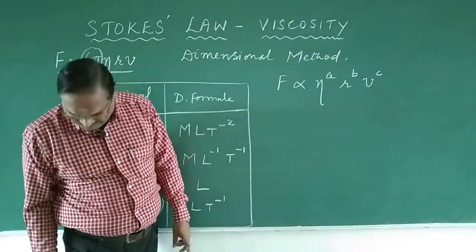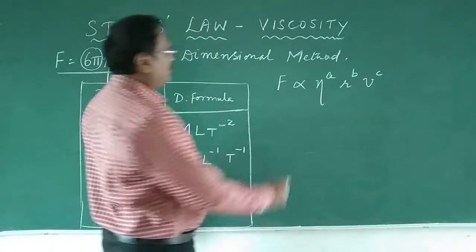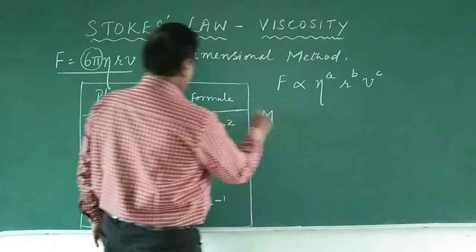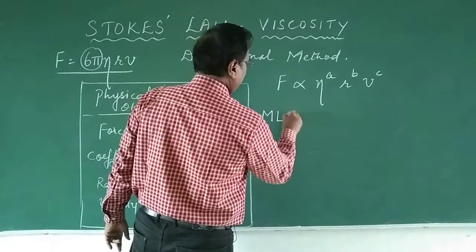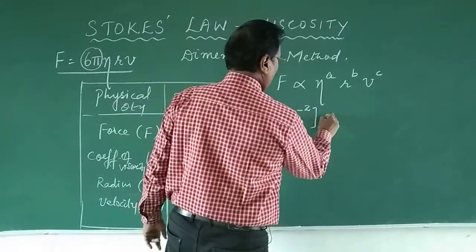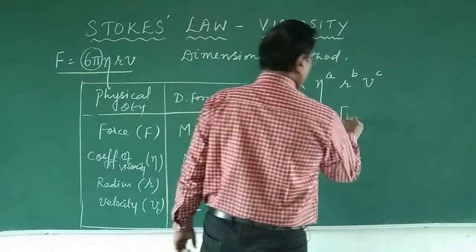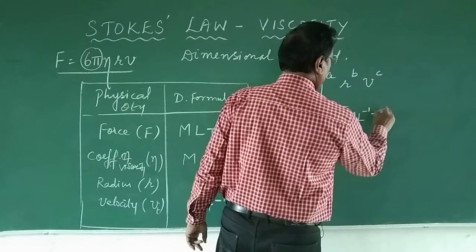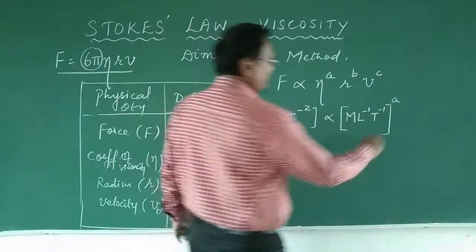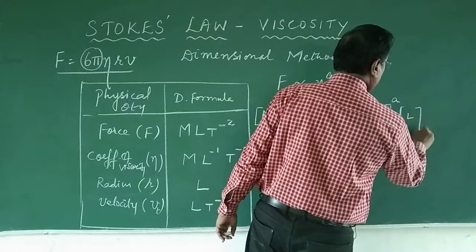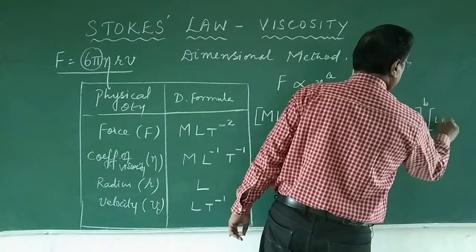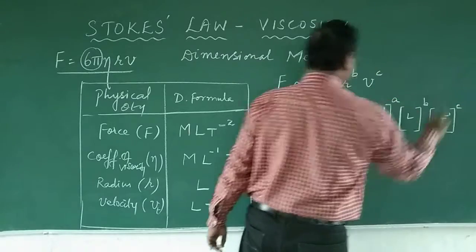This is how we form an equation. Now let us substitute the dimensional formulas. The dimensional formula of F, [M L T power minus 2], is proportional to eta, M L power minus 1 T power minus 1, power a, then radius L power b, and velocity L T power minus 1 power c.